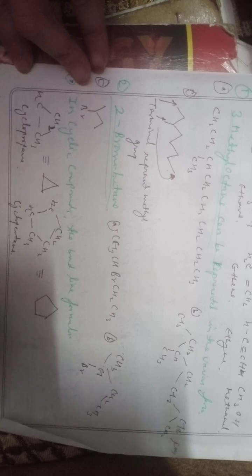Now we go for chlorocyclohexane, represented here with the chlorine atom attached to it. We go for CH2, CH, Cl, CH2, CH2, CH2, CH2, and that is bonded here.